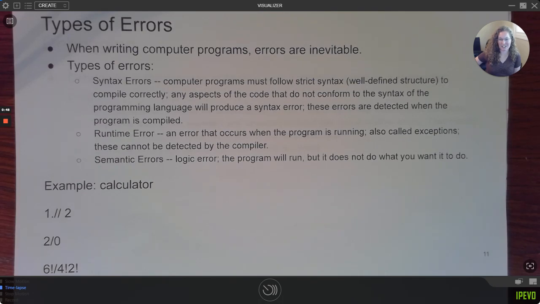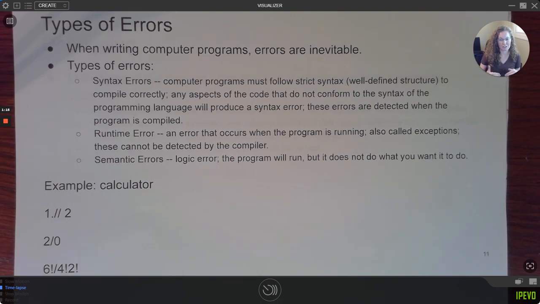So syntax errors arise when whatever statement you type doesn't follow the syntax of the language. Computer programs have to follow a strict syntax, which just means some well-defined structure. Python or any other language says exactly what a statement is supposed to look like.